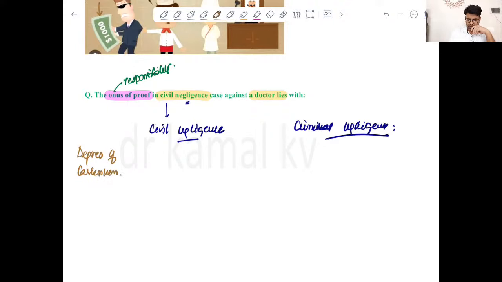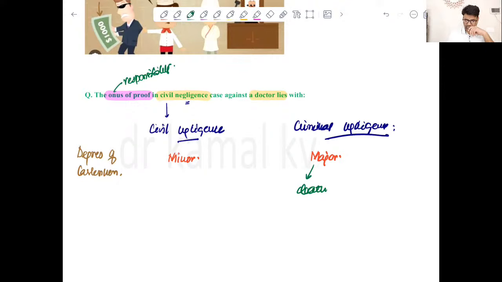In civil it is just a minor degree, but in criminal it is a major negligence. Major negligence can result in even death of the patient or severe disability, right? So this is the major thing which can happen in cases of negligence. So this is the degree of carelessness.